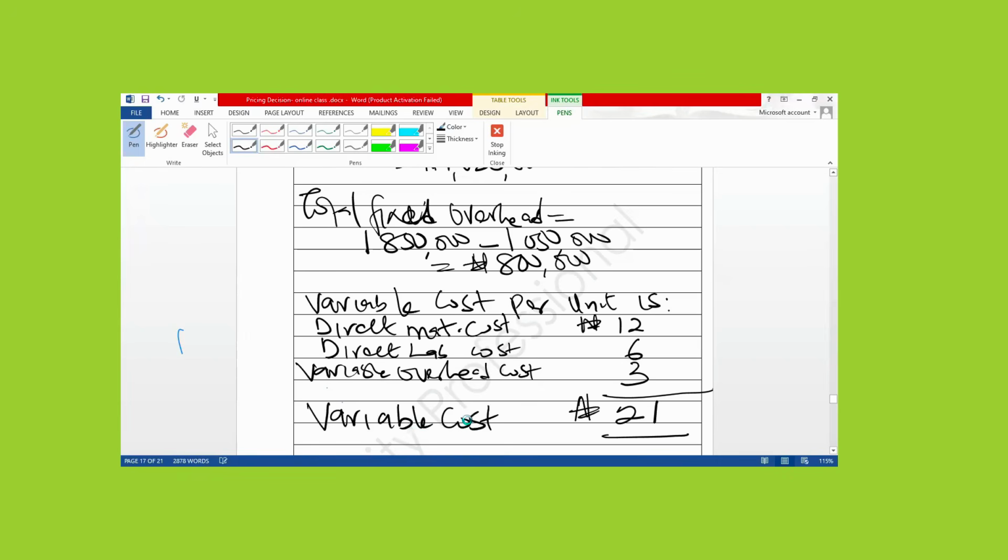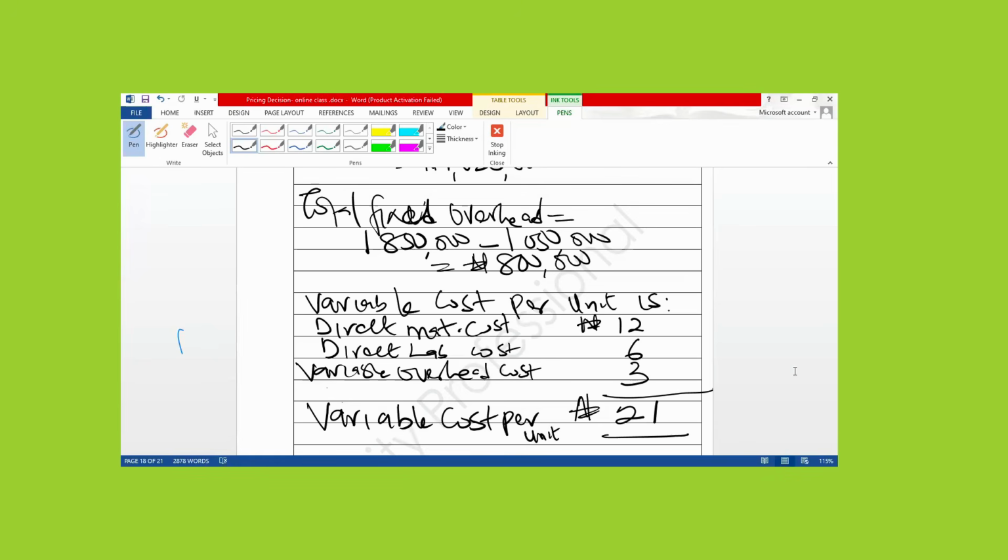You are going to bring all the variable cost. Direct labor cost is a variable cost. Variable overhead is a variable cost. Remember, when we were doing the first topic, I said this topic can enter any topic.